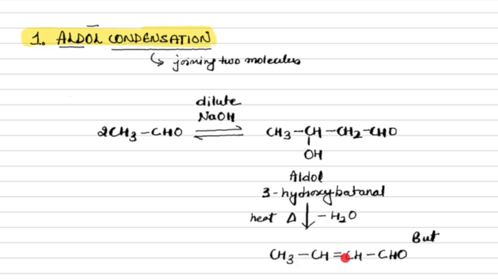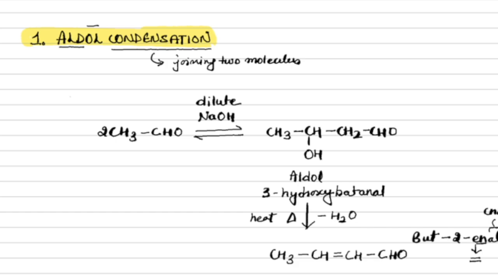Count the carbons: 1, 2, 3, 4. Four carbons. Why 'en'? Why not 'an'? Because 'en' is used for a double bond. So remember where these words are coming from. This 'en' is coming due to the double bond, and this 'al' is coming because we have the CHO aldehyde group. That is how we name this.